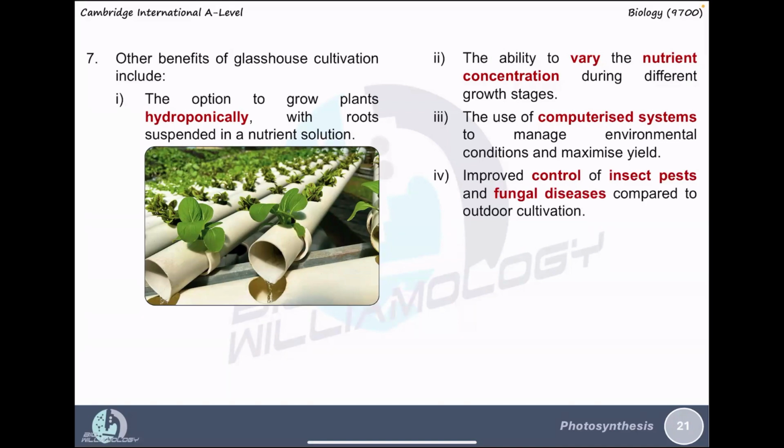And these also improve the control of insect pests and fungal diseases compared to outdoor cultivation, where farmers may have difficulty stopping infection, particularly fungal diseases, and also the damage that comes from insect pests.